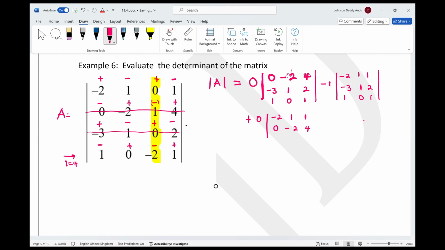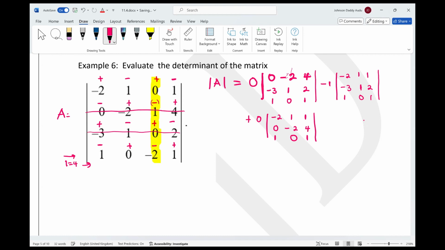Finally, this will be 1, 0, 1. So note something: when we're taking the elements, we're not taking the positional signs, right? Like here, when I'm taking 1, 0, and 1, not minus, not with the positional signs, okay?